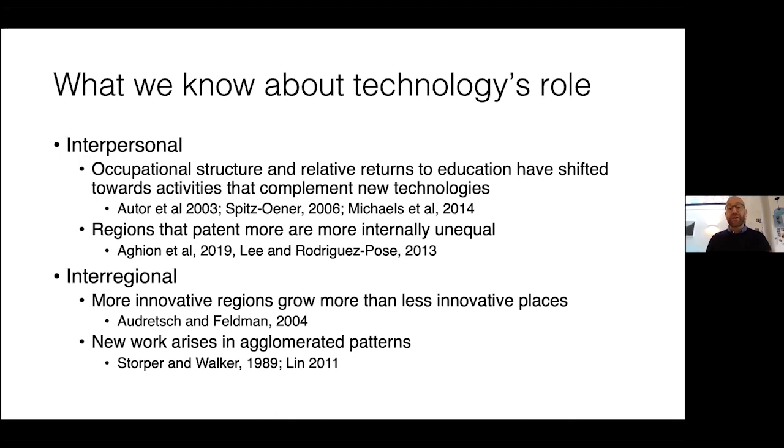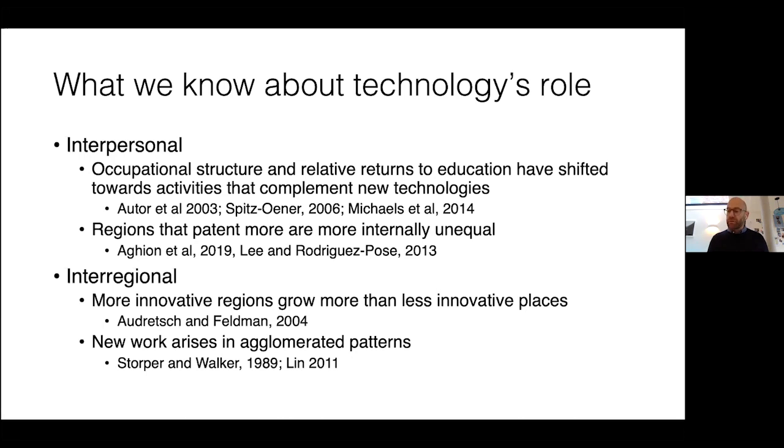Correspondingly, we have a lot of empirics that give us intuition about the potential role of technology. Thinking about interpersonal inequality, we know from a huge amount of work by labor economists that since 1980, the occupational structure and the relative returns to education have strongly shifted in the United States and other countries, towards activities complementary to technological change over that period.